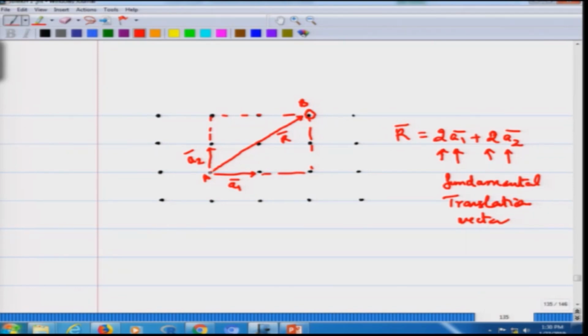And this is the other condition on the Bravais lattice, that I should have A1 and A2 associated with the lattice such that I can move from one point in the lattice to any other point using a relation which is like this. This is for 2 dimensions, but for 3 dimensions of course, I will have another direction A3 for example, and then I can go from one point in the 3 dimensional lattice to any other point in the 3 dimensional lattice.